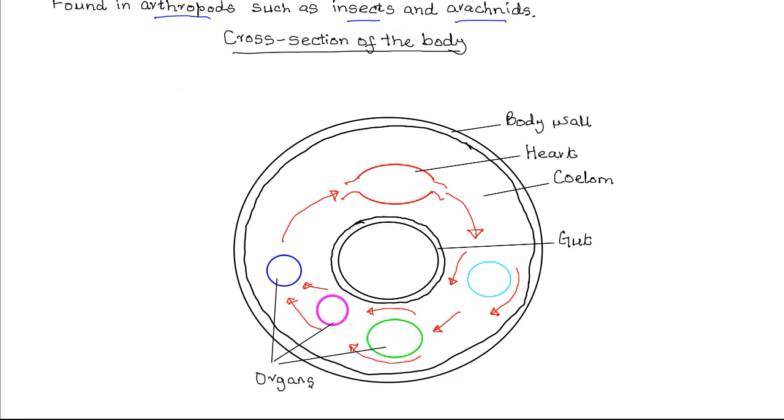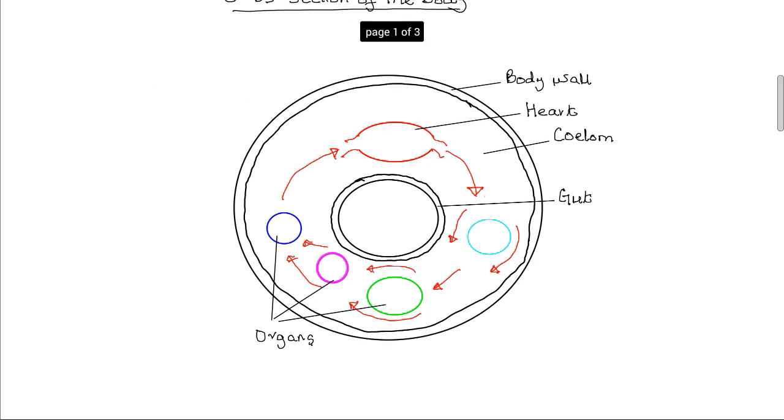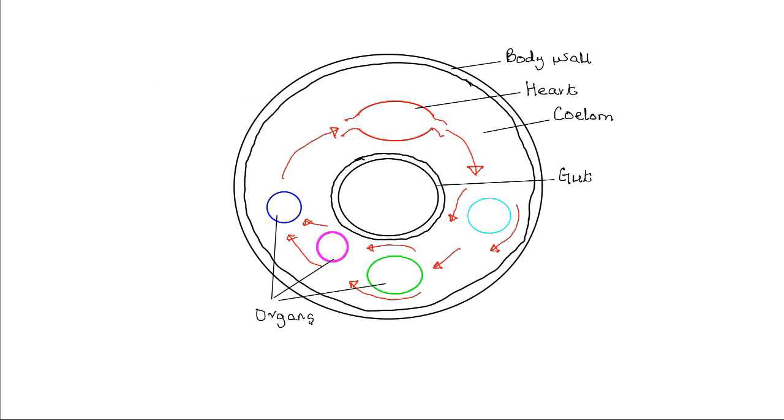Now, if you look at the cross-section of the body of an arthropod, you can see how this open circulatory system looks. So here, this is the body wall, and then we have the gut. Between the body wall and the gut, that is the alimentary canal, there are organs: the heart and internal organs. The spaces within the body and in between the organs is what is known as a coelom.